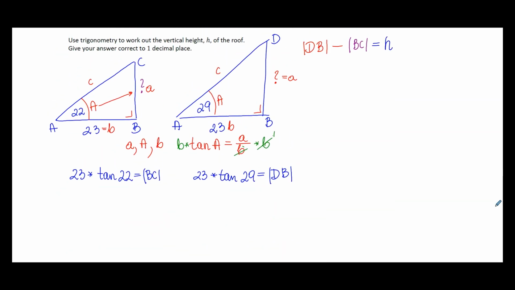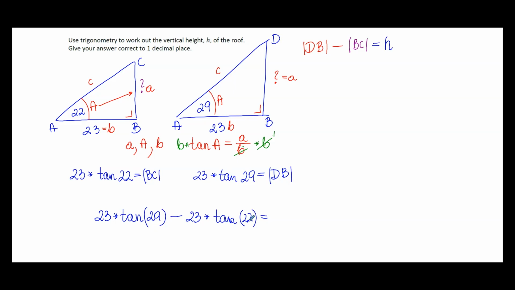What do I mean by that? So what is the length DB? That's 23 multiplied by tan of 29, minus BC, and that is 23 multiplied by tan of 22, equal.